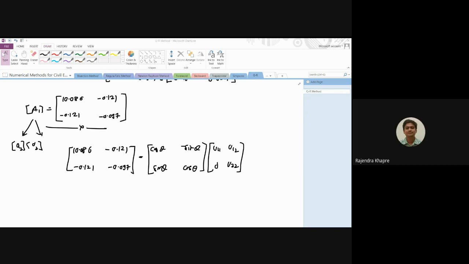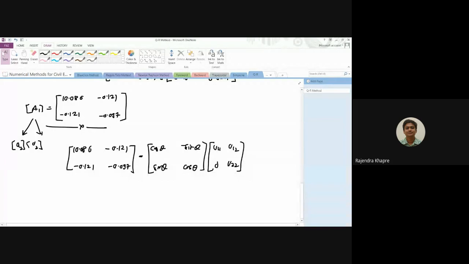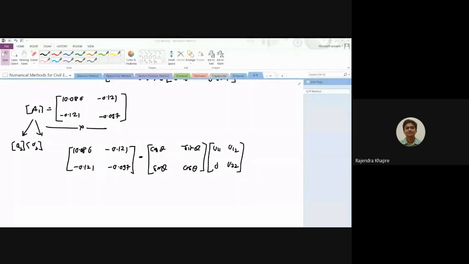Chalo, anyone got the answers? Theta value in the second iteration? 51.28. Okay. U11, U12 and U22.